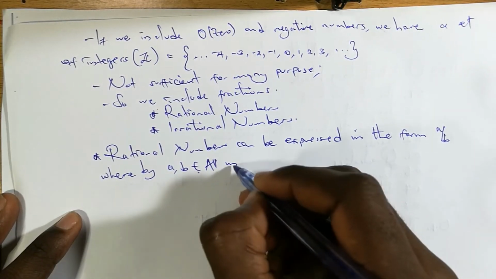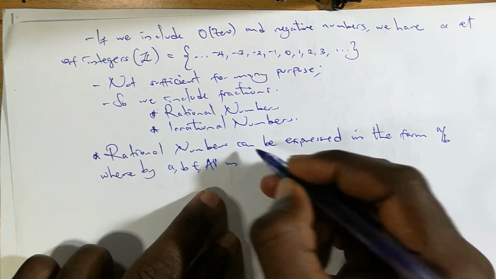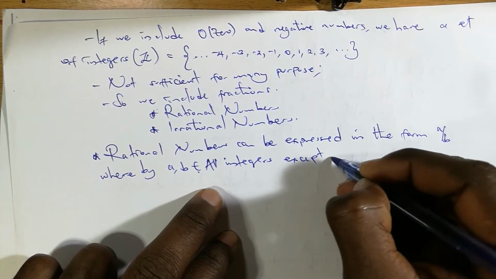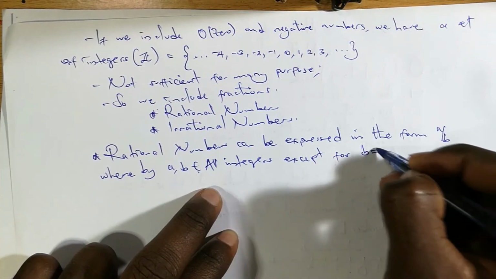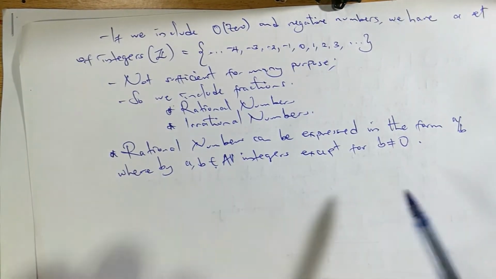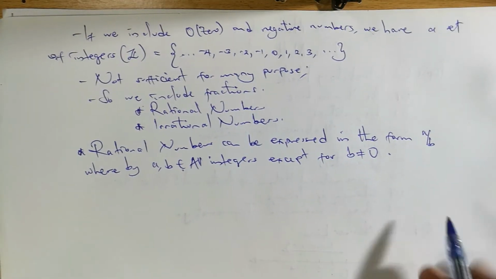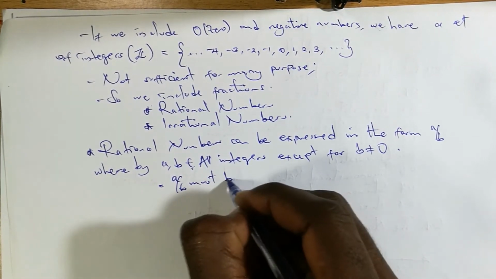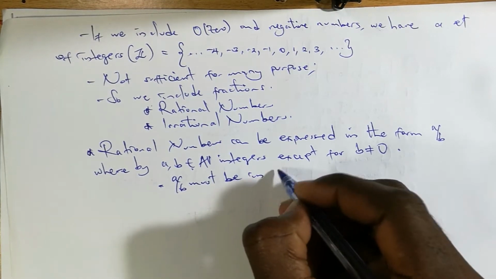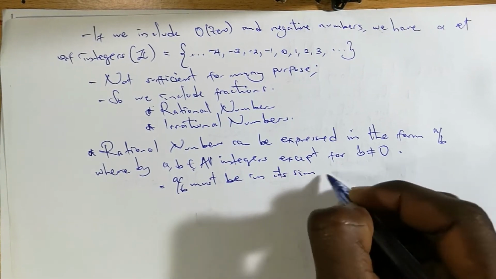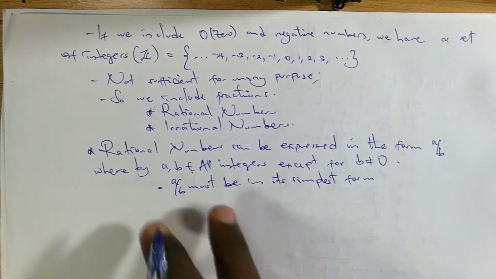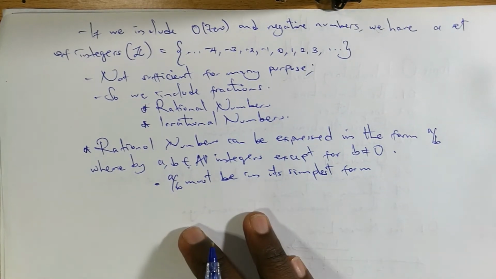So a and b are integers, except for b equals 0. If you can express a number in this form, a over b, that means you really have a rational number. We have to note that a over b must be in its simplest form, meaning there shouldn't be cancellation or reduction of the fraction.